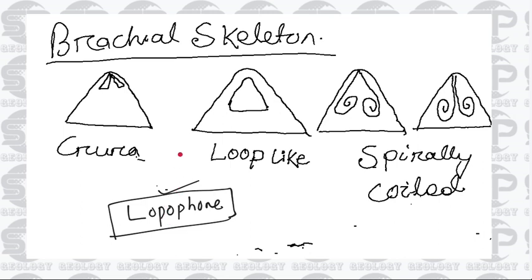There are different types. They may consist of two small core plates, which are called crura. They may be loop-like, or they may be spirally coiled.